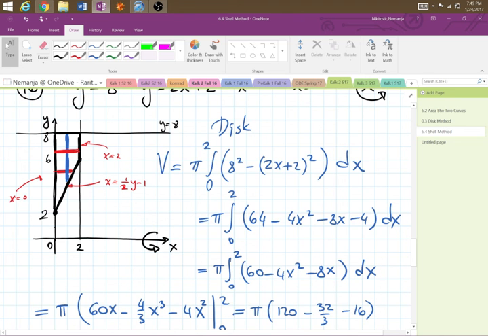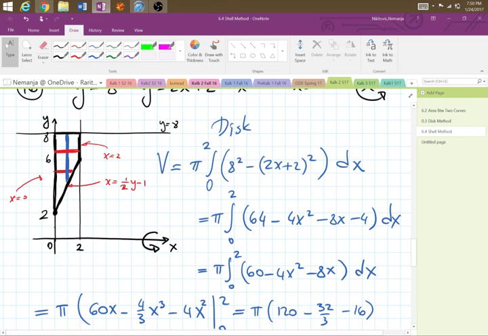The limits go from 2 to 6 for the first one, because that's where the representative rectangle exists. It exists from 2, and then it dies at 6, because that's the portion that it swipes. And then the new integral starts at 6 to 8 in limits, because the representative rectangle for the top portion is going to start at 6 and swipe all of the values up to 8.